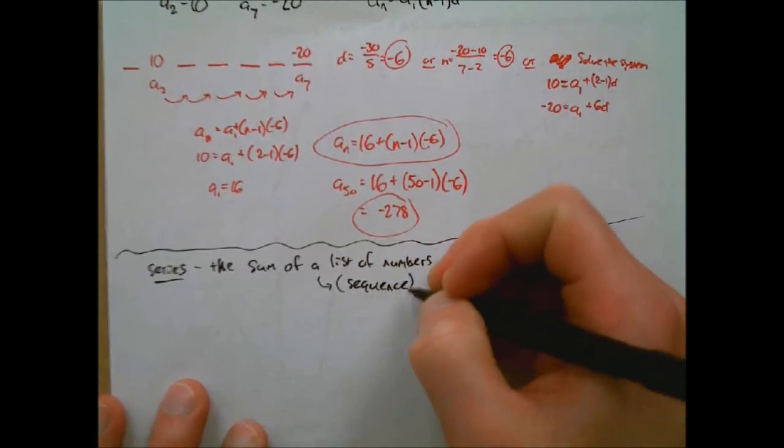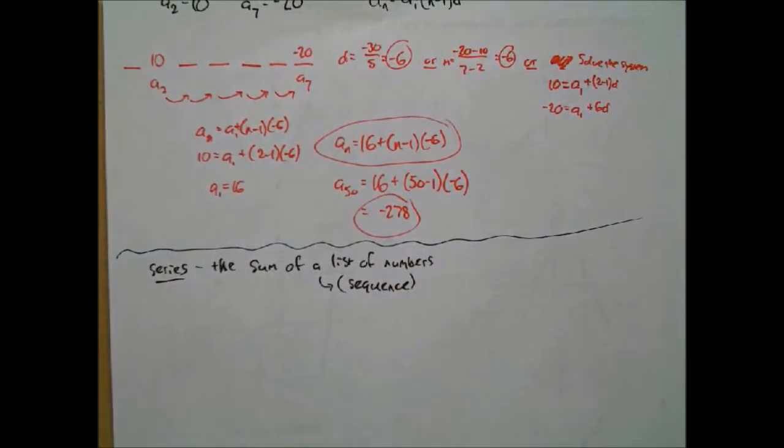Now, for any one of these arithmetic sequences, if we were to take the sums of all the terms, every single one of them, the entire sequence, what would we add up to? Infinity or negative infinity, right? Positive or negative infinity, depending on whether the numbers are positive or negative.